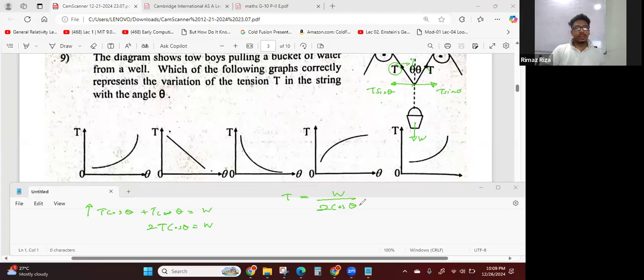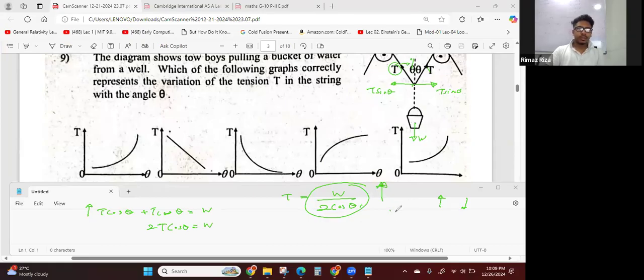So we can see if theta is increasing, what happens to cos theta? Cos theta decreases. It will reach closer to 0. When you divide by a very small number, the entire value will be very big.